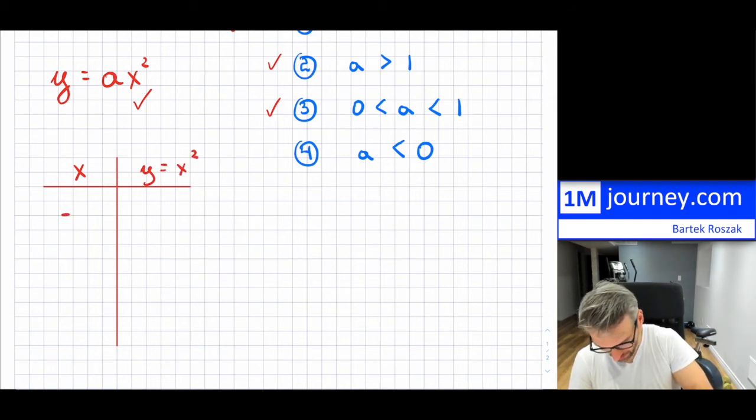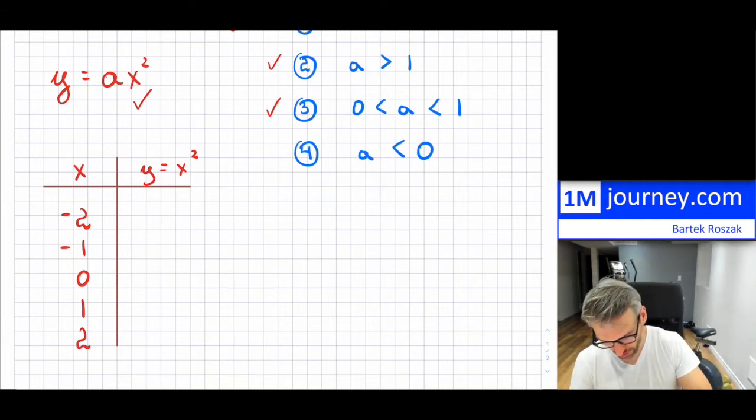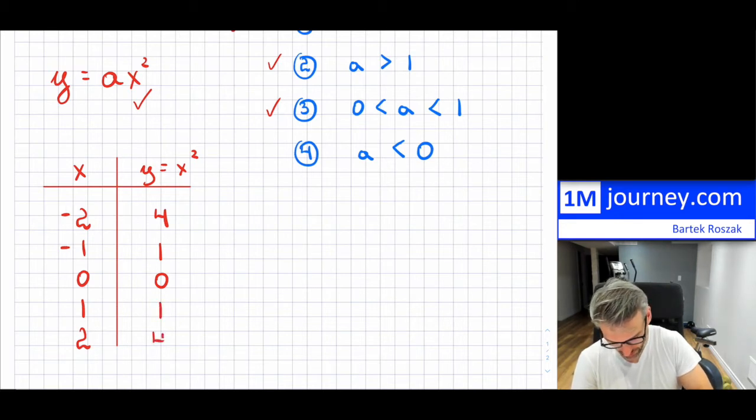So we'll use -2, -1, 0, 1, and 2. If we create a table of values for these, you will notice that y is going to be 4 for -2. For -1, it's going to be simply 1. For 0, it's going to be 0. For 1, it's going to be 1, and then for 2, it's going to be 4.